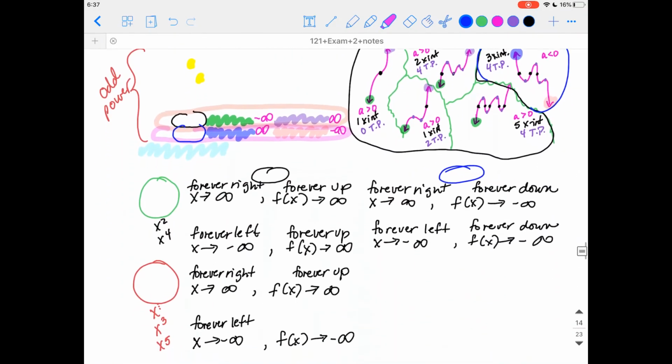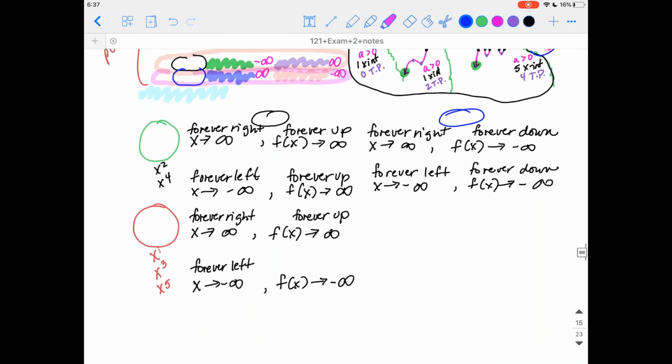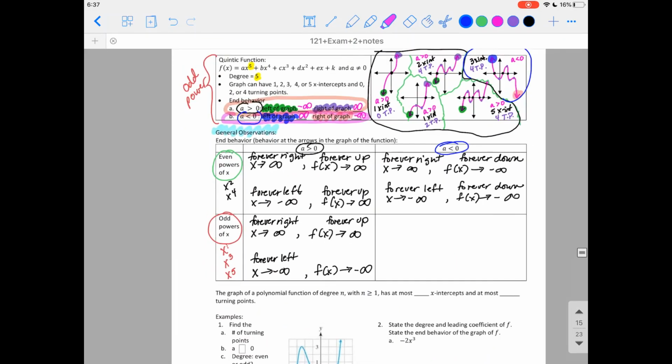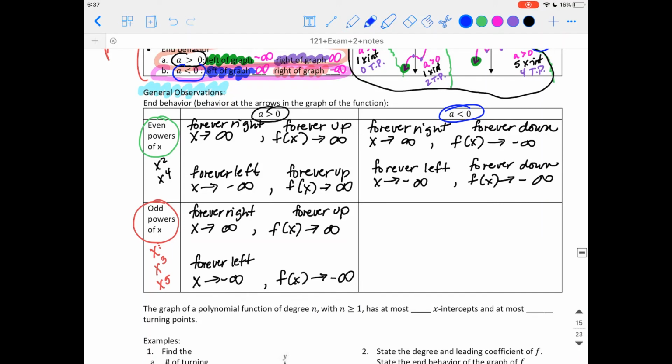All right. So, as x heads towards infinity, which is forever, right?